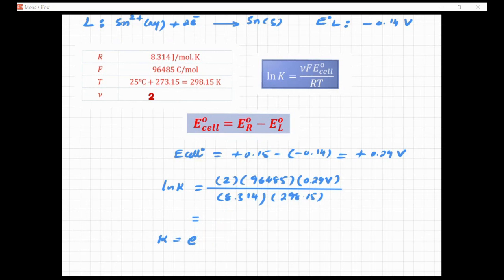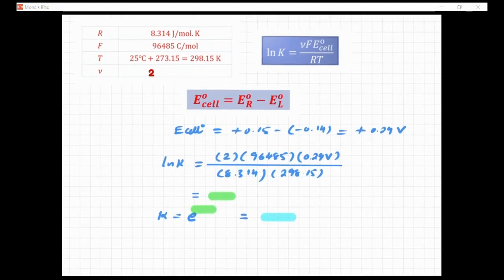You need to calculate and give the final answer. So this is it.